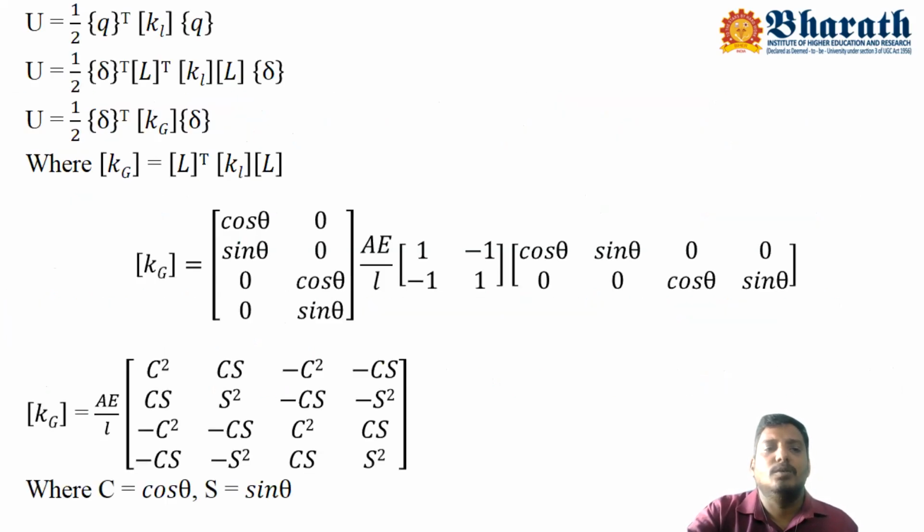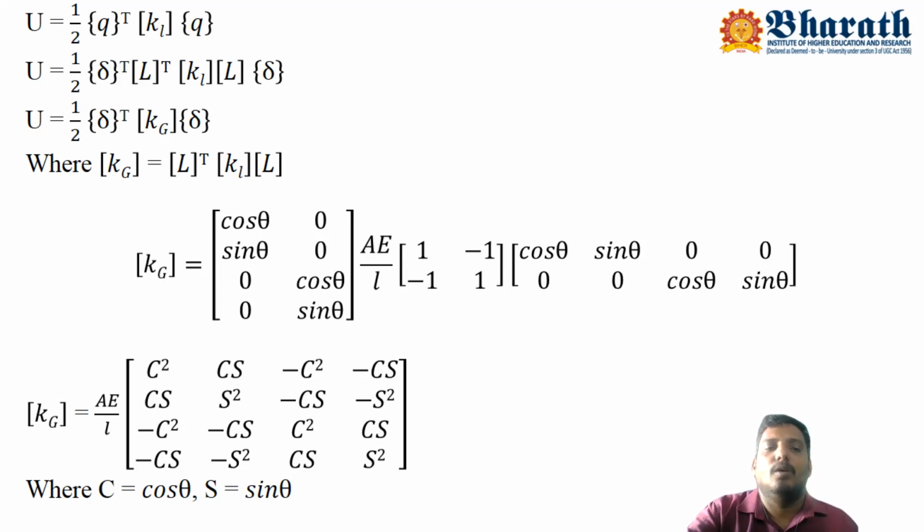Then U is equal to 1 by 2 Q transpose KL into Q, where Q is nothing but your displacement in local coordinate system. We already derived the relation between local coordinate system as well as global coordinate system in terms of displacement. Then your Q is replaced by del transpose times of L transpose KL into L into del.